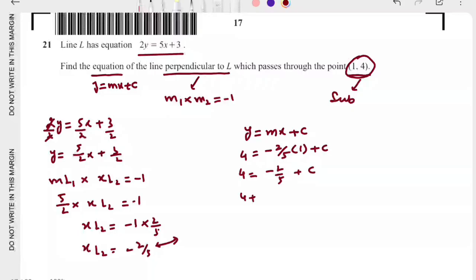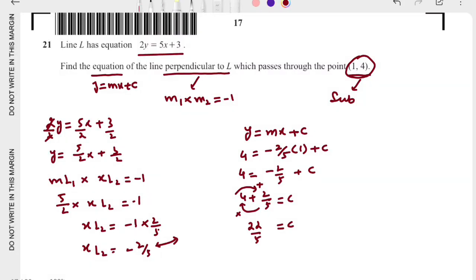So 4 plus 2 by 5 is equal to c. 5 fours are 20, 20 plus 2 is equal to 22 over 5.